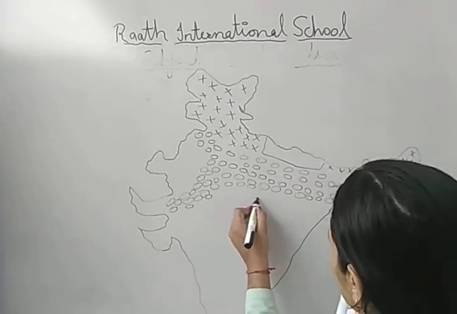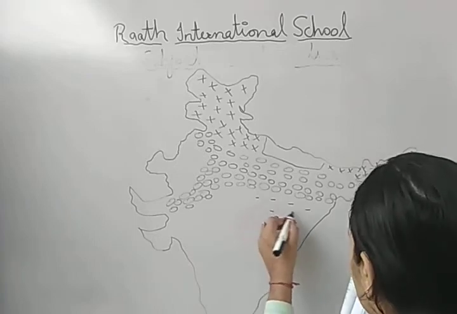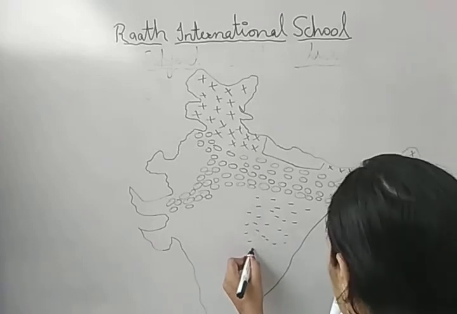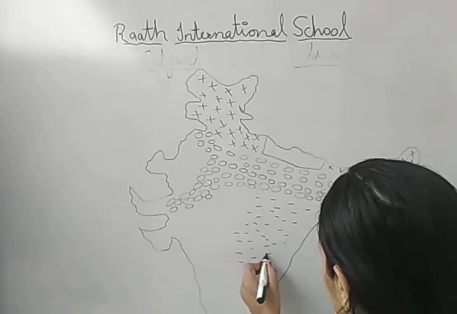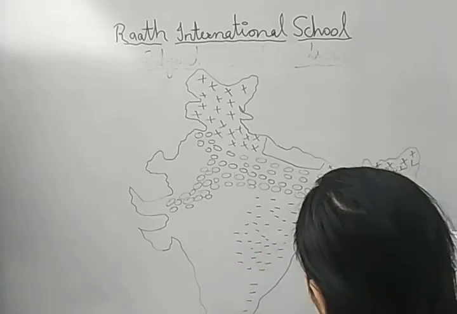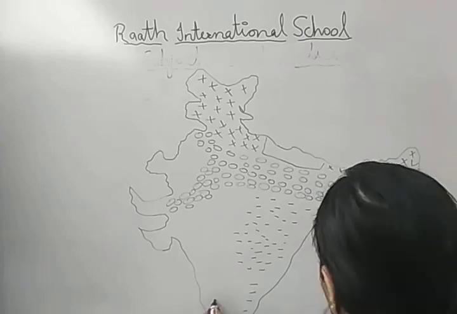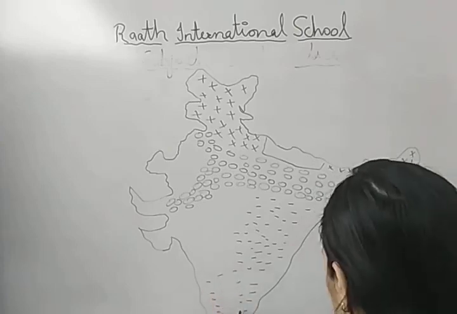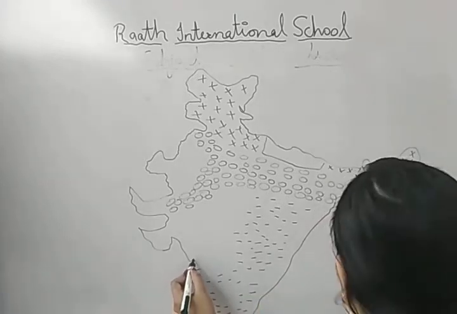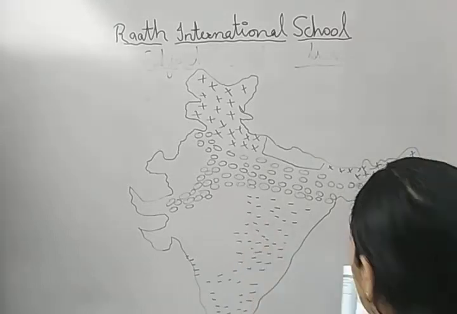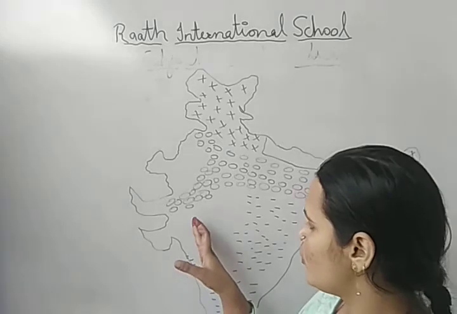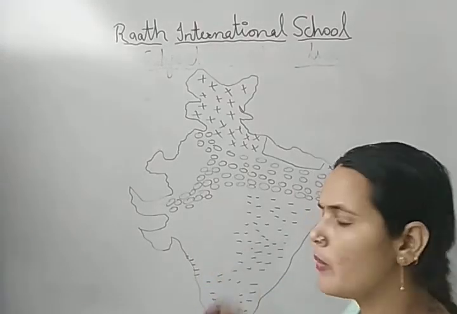Here is the symbol of red soil. This is red soil. After that, black soil, that is found in Gujarat, Maharashtra and some part of Madhya Pradesh.